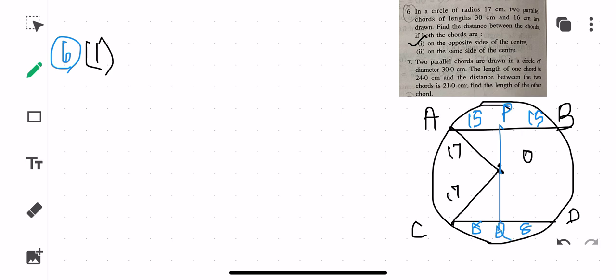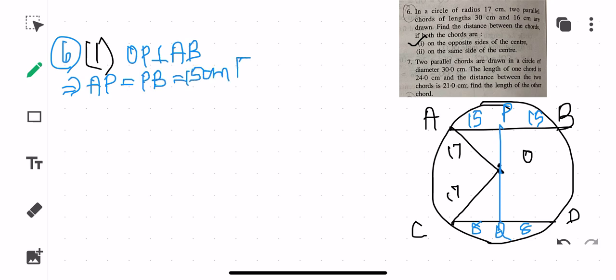Okay, so what I will be writing now is to find the distance between the chords. So you will be writing like this, OP is perpendicular to AB. This implies AP is equal to PB is equal to 15 centimeter, and write down that particular statement, children, that the perpendicular from the center bisects the chord.